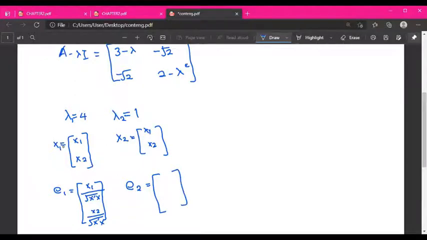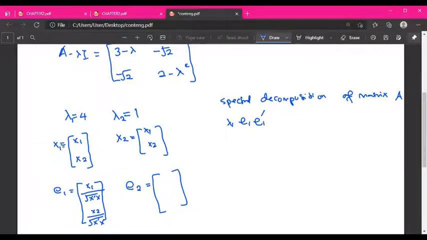Okay, so to get the spectral decomposition of matrix A, here we have matrix A. So it will be lambda 1, E1, E1 transpose.